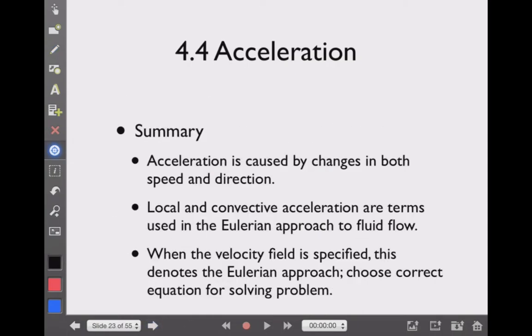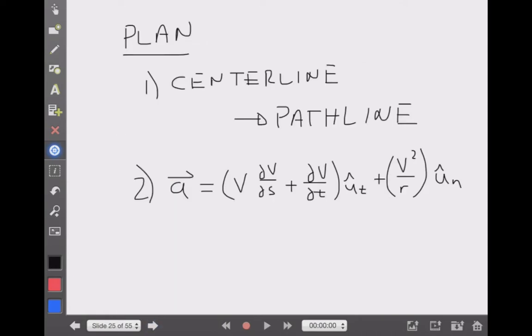And we note now for this particular case that our v is actually u and our s is actually x.